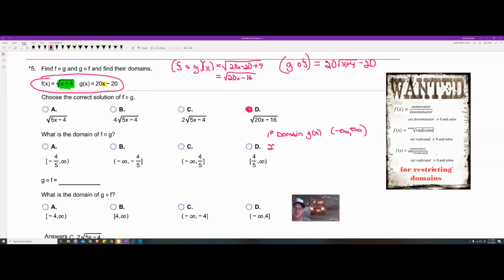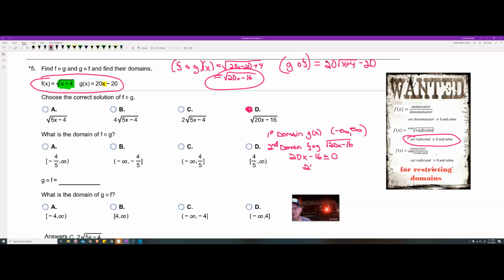Then I'm going to do the domain of the composite, which was f of g. And that was the square root of 20x minus 16. So that satisfies this second one here. So I go 20x minus 16 has to be greater than or equal to 0.